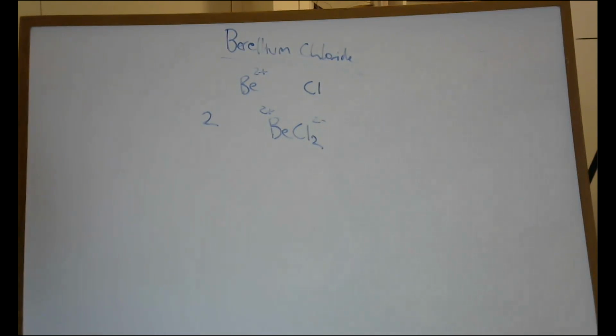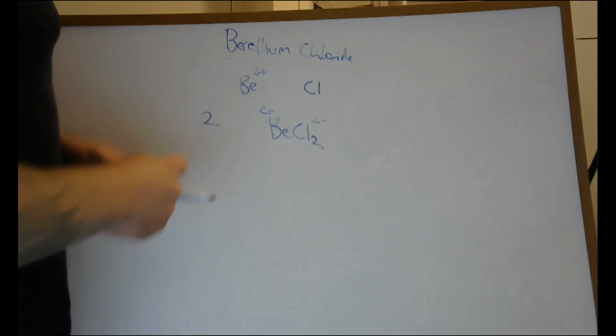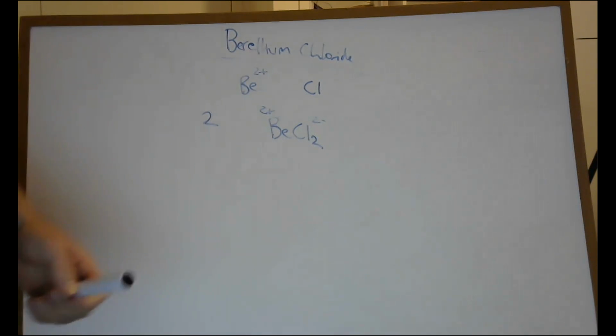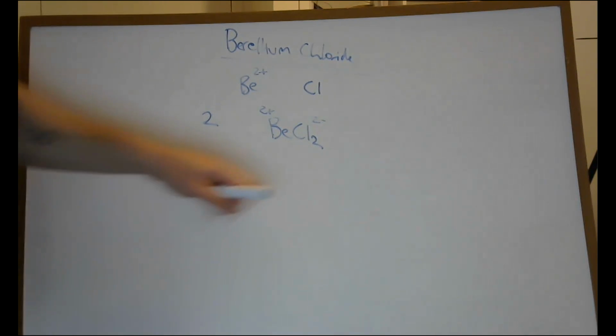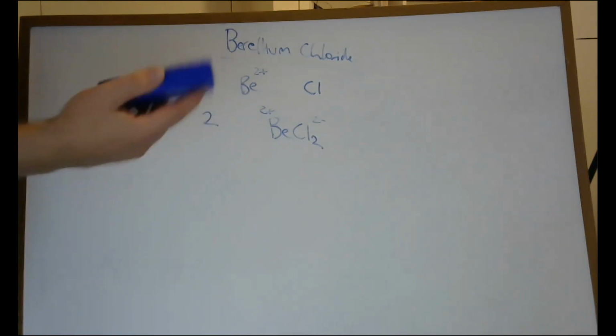I need a new set of pens. So beryllium chloride is BeCl2. Beryllium is in group 2, it will form a 2+ cation. Chlorine is in group 7, it will form a 1-. Need to balance that charge with BeCl2.